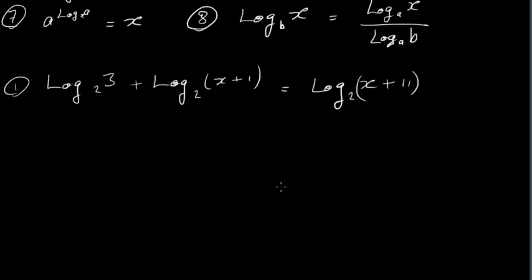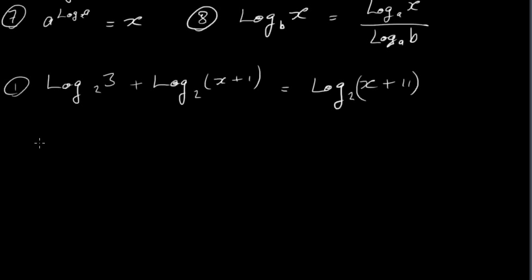So let's have a look at what we can do here. Well, we have log of a number to the base 2 plus log of a number to the base 2. That's just simply the first law of logs. So what we can do is multiply these two logs here.